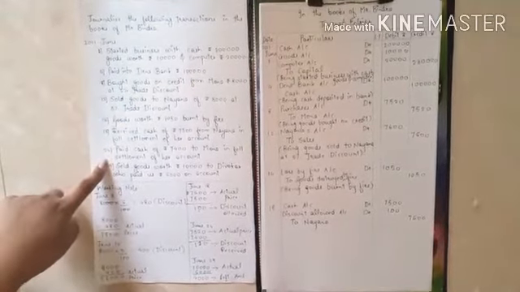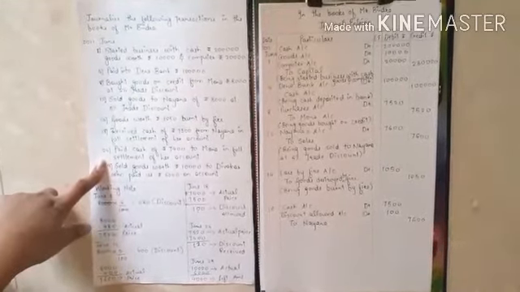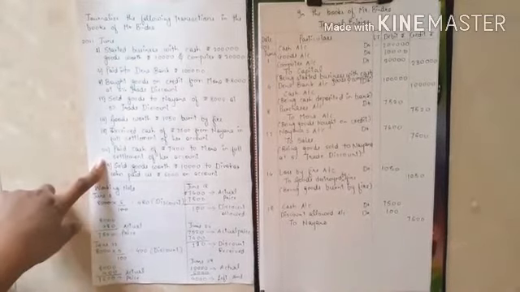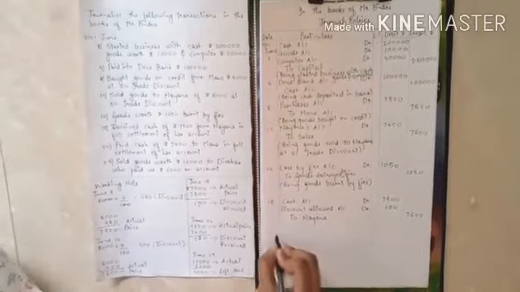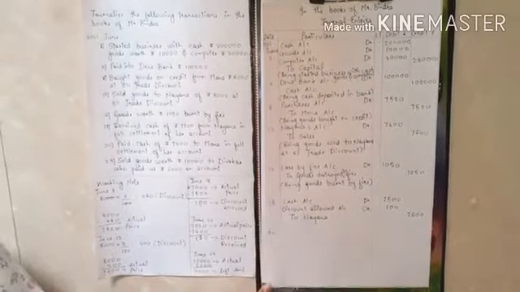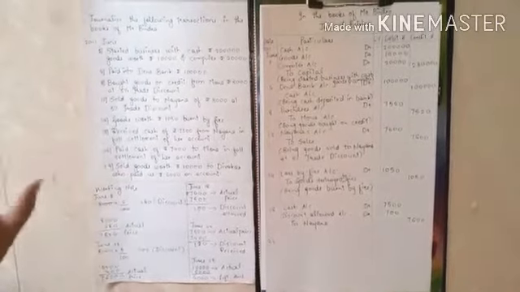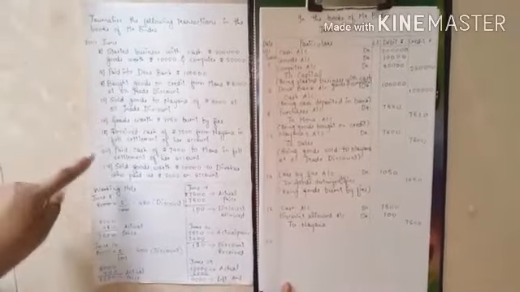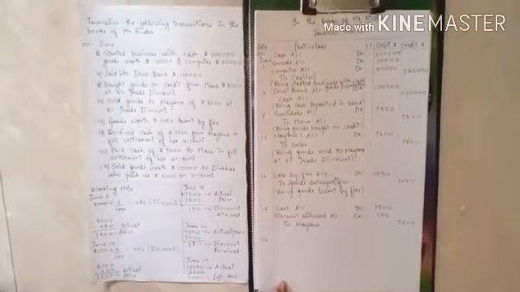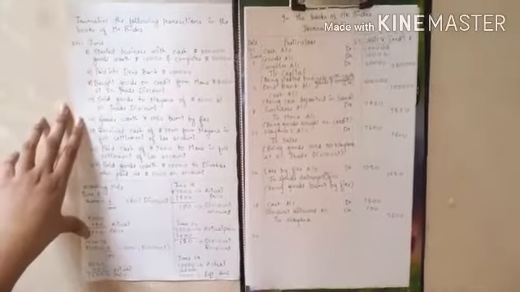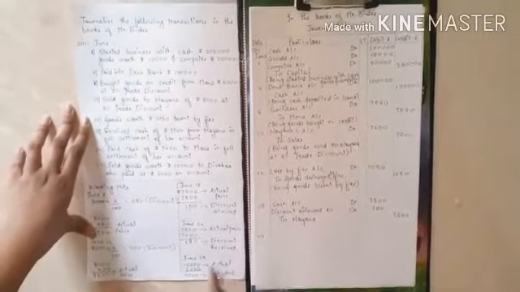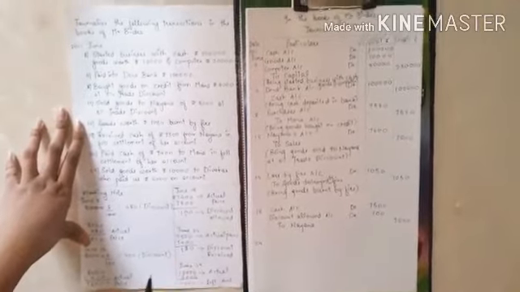Another transaction, paid cash of rupees 7,400 to Mona in full settlement of her account. Now here we will write down the date, 24th June. We have already calculated these things in working note. Now on June 24th, what was the actual price of the goods? 7,520.